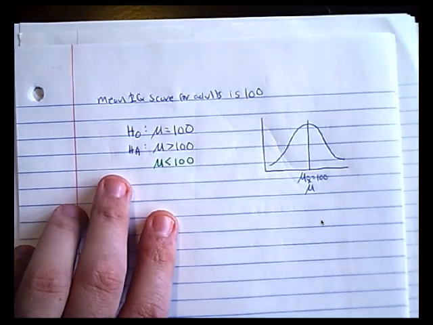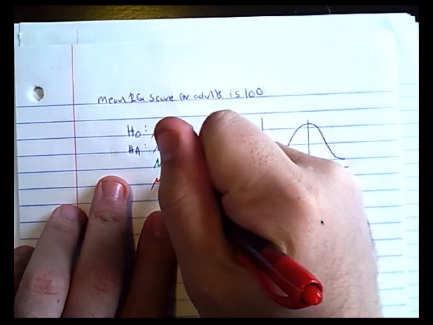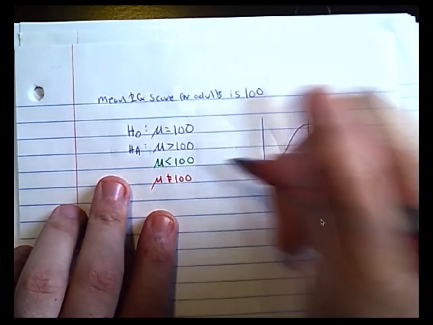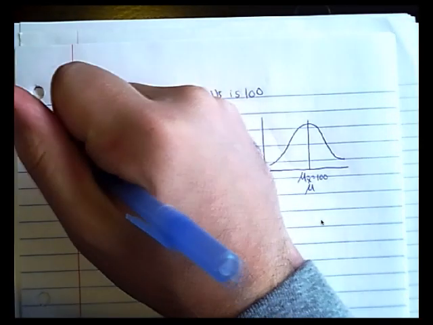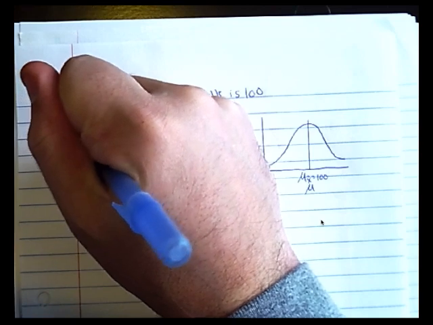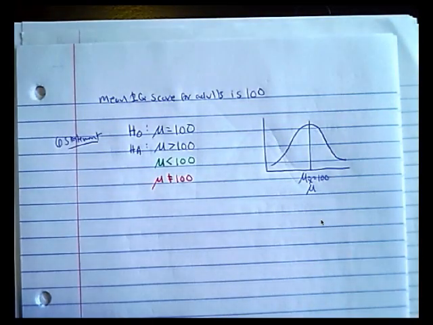Or we could just believe, well, we don't believe it's 100. We just might believe it's different than 100. Okay, so that's how we would write our hypotheses, and we would write those hypotheses under step 1, which would be our statement, because we're making statements.